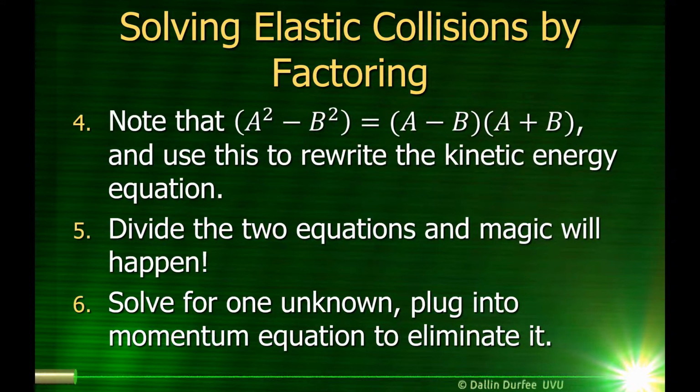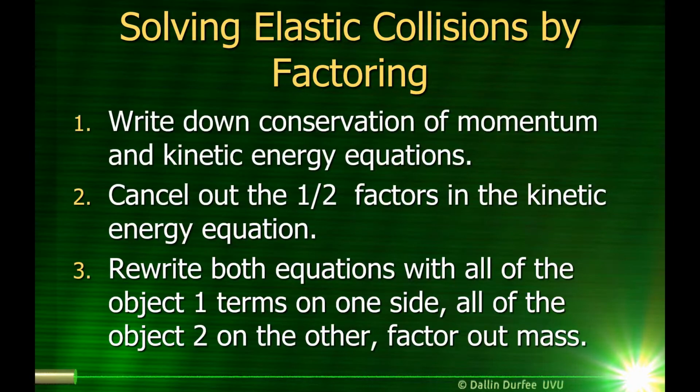And then, once we've done that, we're going to use a little trick. We're going to note that a squared minus b squared is a minus b times a plus b. We'll rewrite the kinetic energy equation with that, and then we'll divide the momentum and kinetic energy equations, and magic will happen, and then we can solve for one of the unknowns, plug it into the momentum equation, and eliminate it, and get our solution.